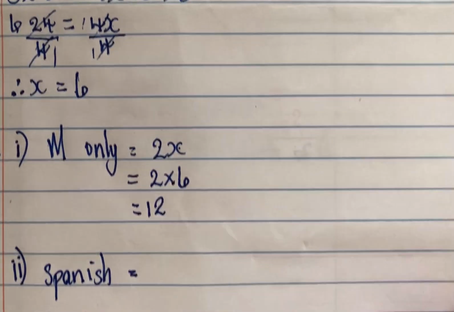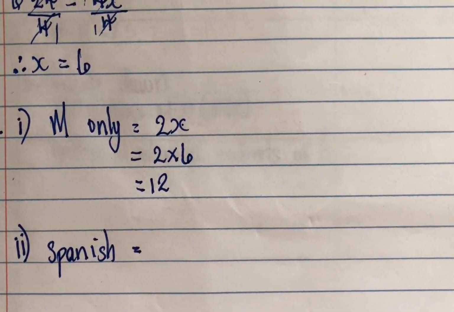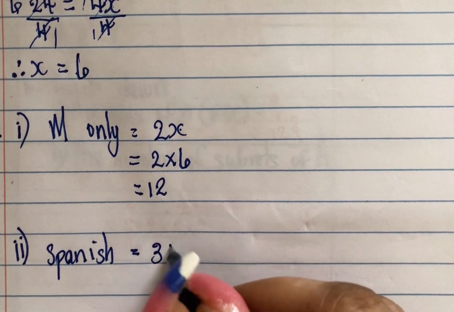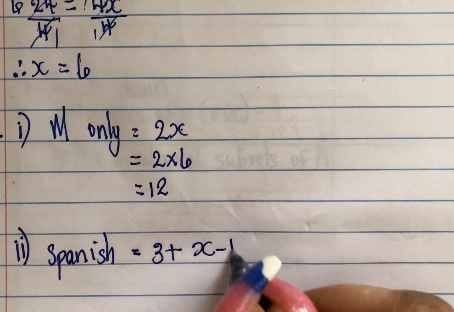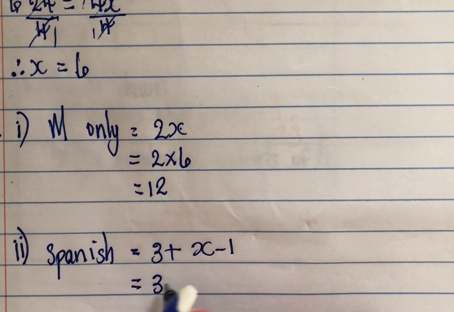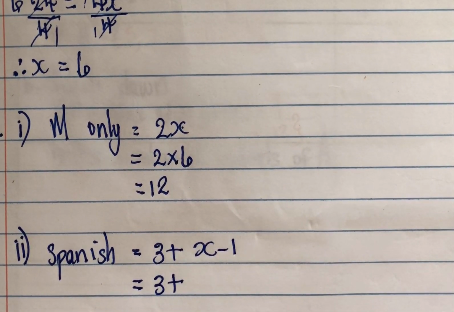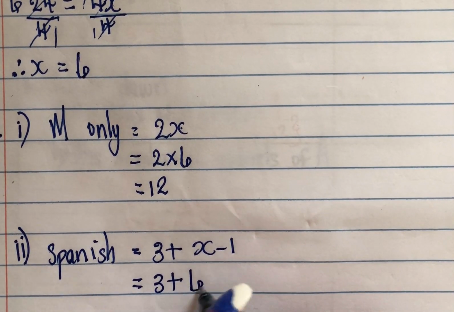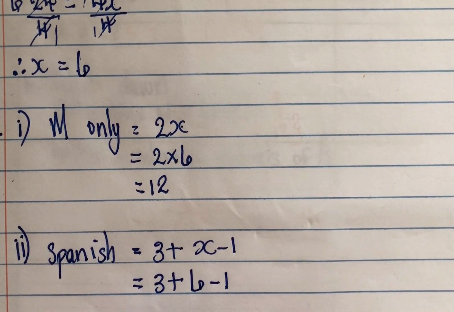Good, so that is what I am going to use for my Spanish. 3 plus x minus 1. What is x? X is 6. So I substitute x using the number 6.